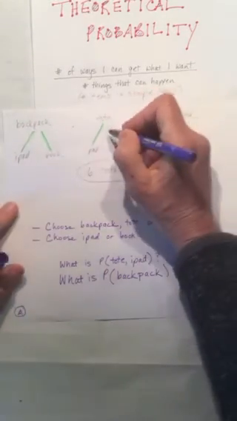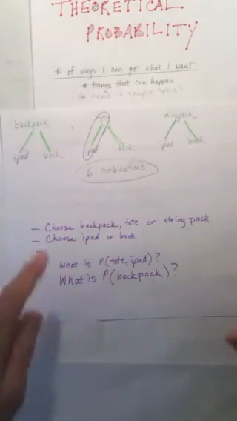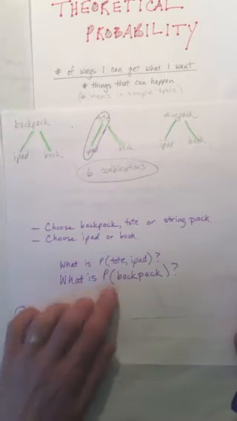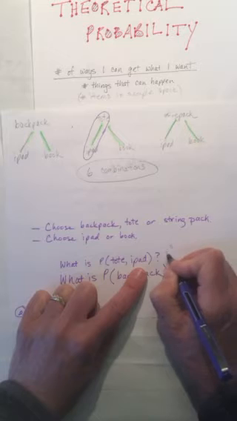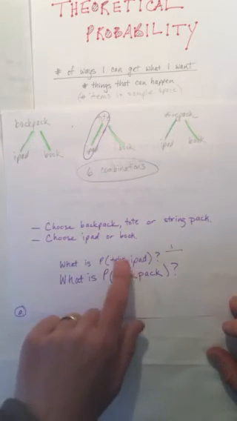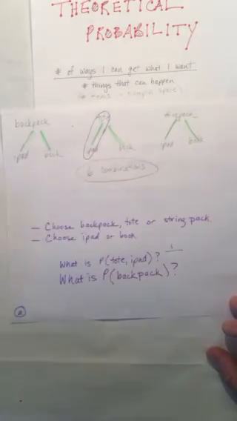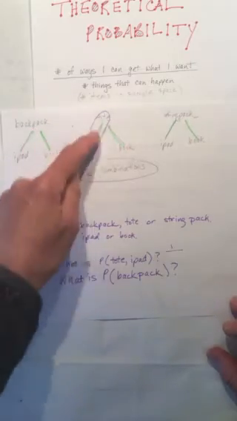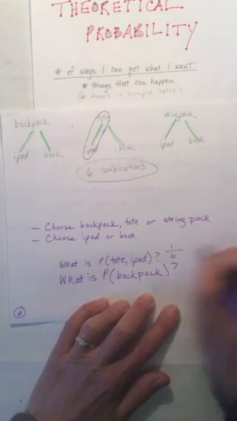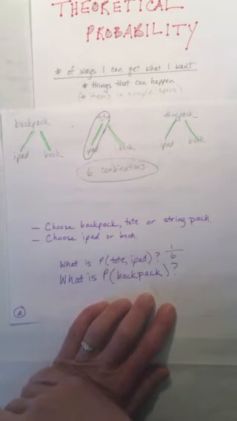So right here is the one branch that shows there is one way of getting what we want. So our numerator is 1, and our denominator, remember, is the number of things that can happen, or the number of items in the sample space, and that was 1, 2, 3, 4, 5, 6. So the probability of getting the tote and the iPad is 1 out of 6.